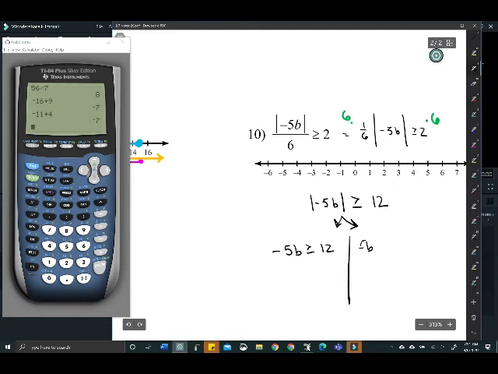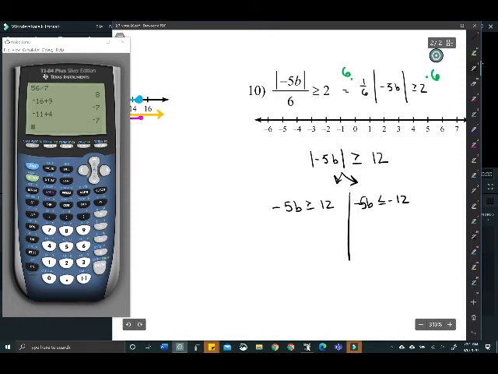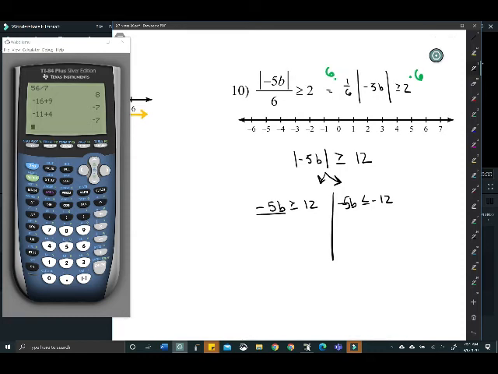Negative 5b less than or equal to negative 12. Divided by negative 5. Sorry. 12 divided by negative 5. I just want to get an idea, since we're graphing, what it is as a decimal. B is greater than or equal to 2.4. Negative 2.4.